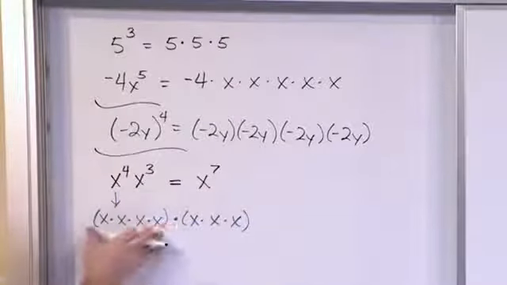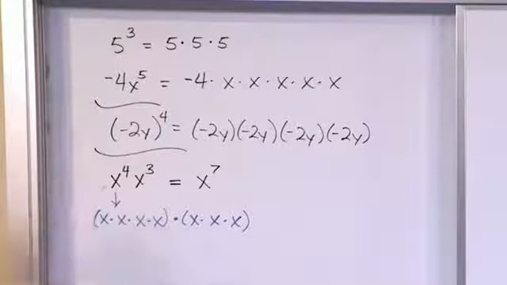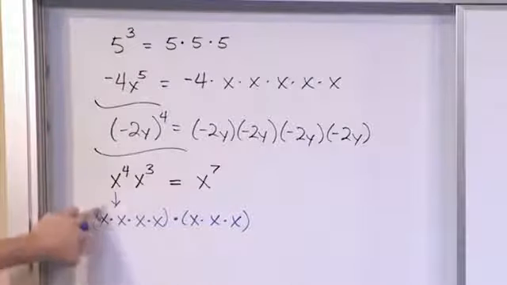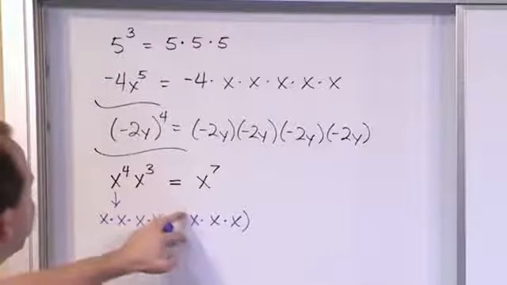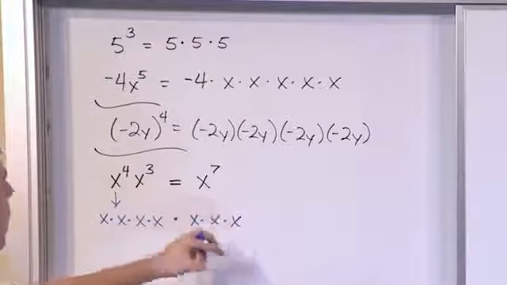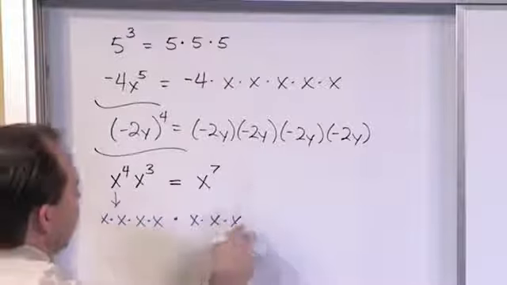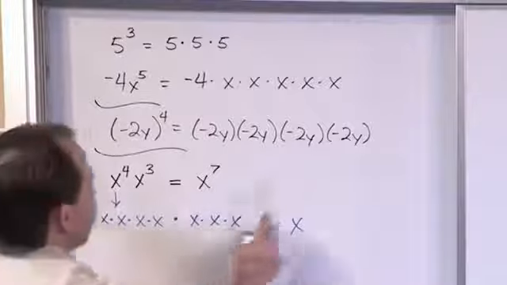I put the parentheses here just to show you that this goes with this and this goes with this. But really, you don't need parentheses here. Everything's multiplied together, so the parentheses don't really matter much. So what do I have here? I have x times x times x times x times x times x times x. So I have x multiplied by itself 1, 2, 3, 4, 5, 6, 7 times.